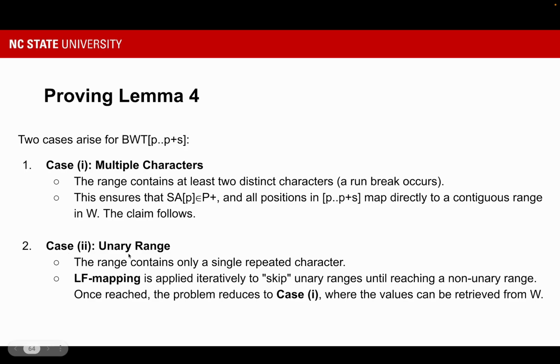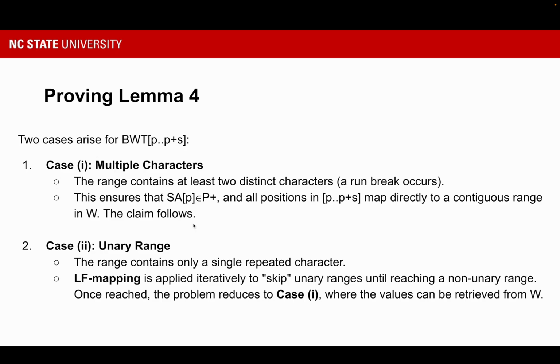However, sometimes we might encounter a unary range where all the characters in a specific run are the same. So the range has just a single repeated character. In this scenario, we apply LF mapping iteratively to skip all the unary ranges until we find ourselves in the case 1 scenario.